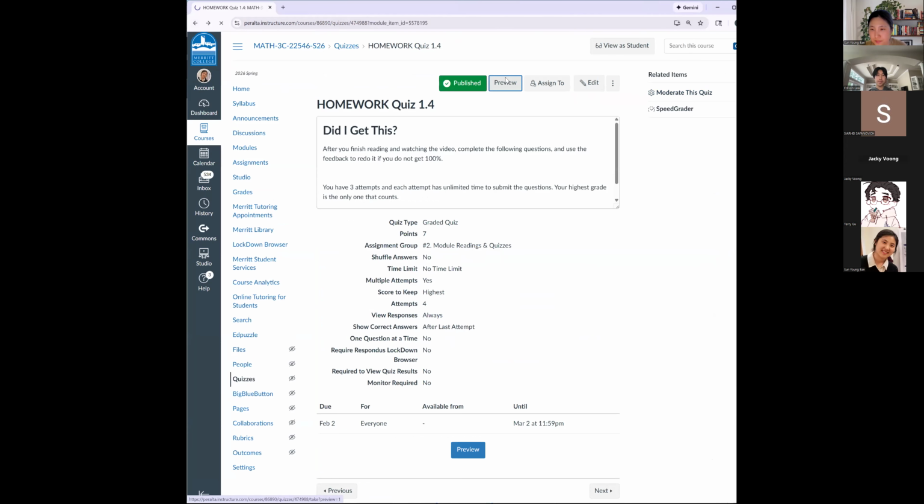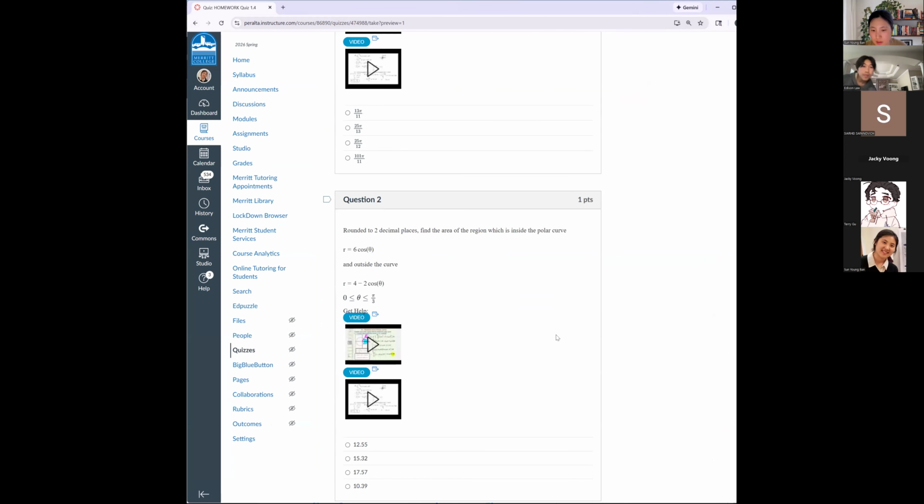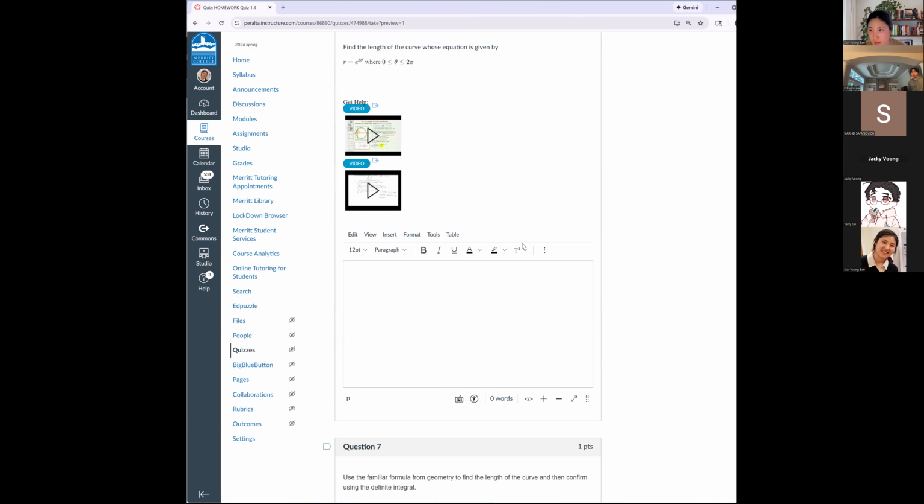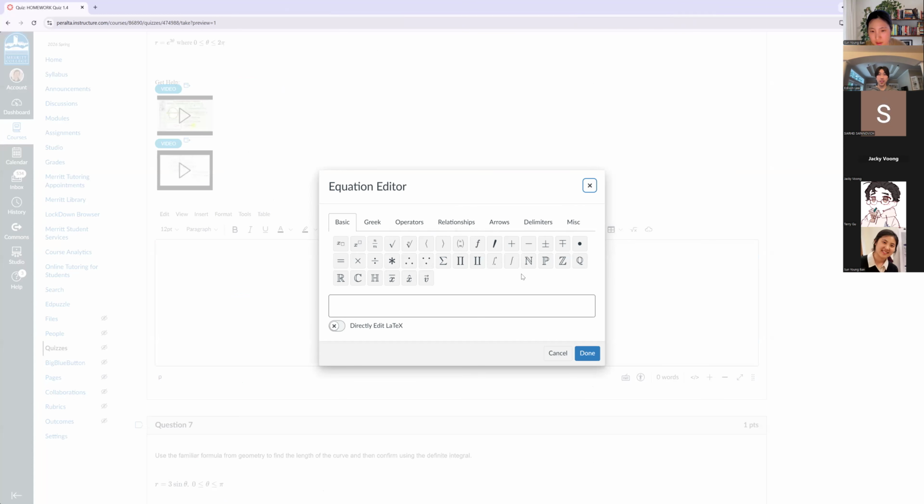So preview. If you want to use the math editor, here we go. There's a math editor. Click, I'm gonna make it bigger. This is a math editor. You can type anything: fraction, exponent, radical, everything. So you could use the math editor as well. But for the writing question, I'm specifically mentioning, please use your handwriting and upload the image.